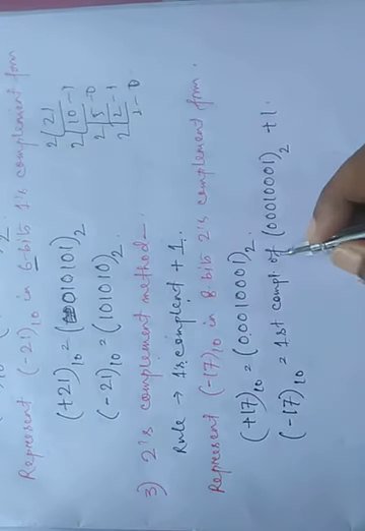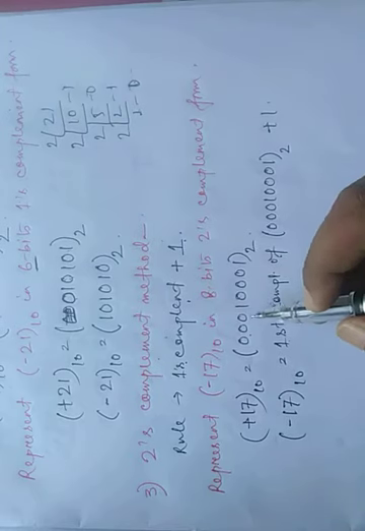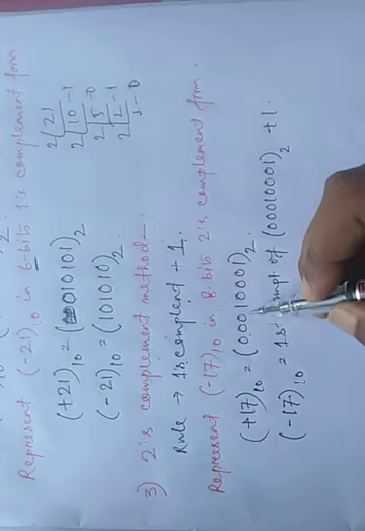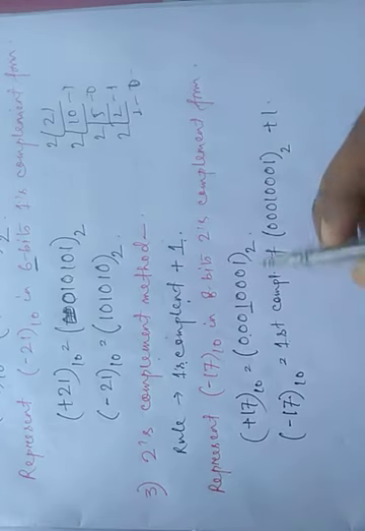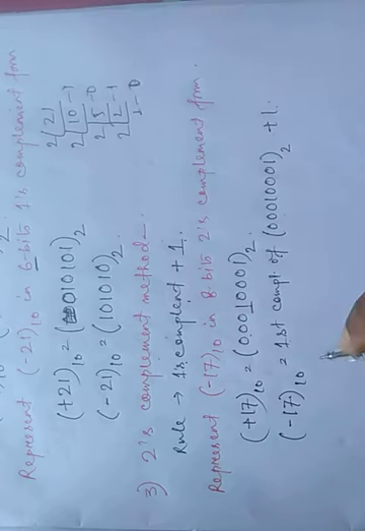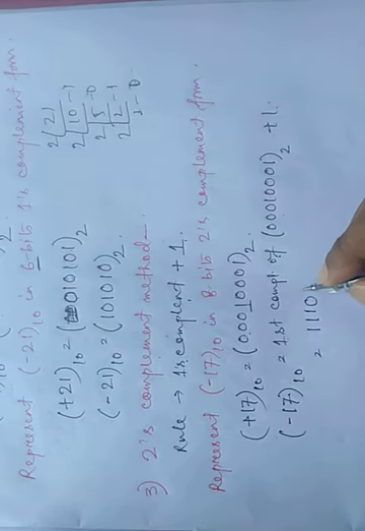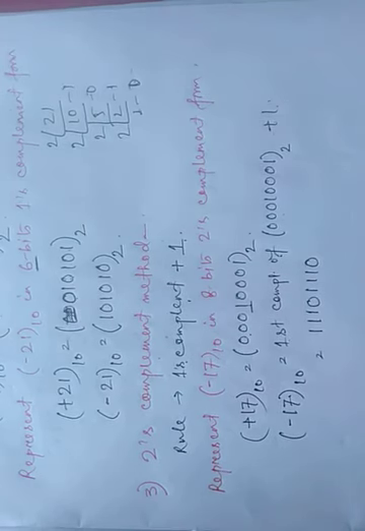You don't need to write the 1's complement, just for your understanding I am writing it here. So first this has to be converted into 1's complement, then we have to add 1. The 1's complement of this is 1 1 1 0 1 1 1 0.